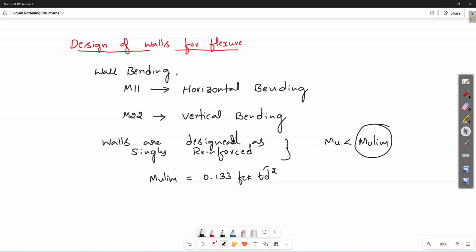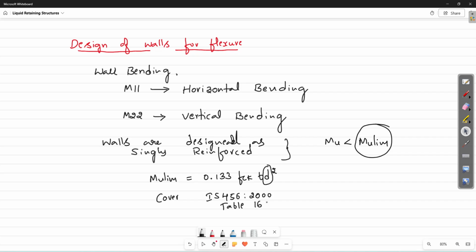This d is the effective depth, which depends on clear cover, diameter of bar and layer of reinforcement. Okay. For concrete cover, we will be referring to IS 456 2000, Table 16.